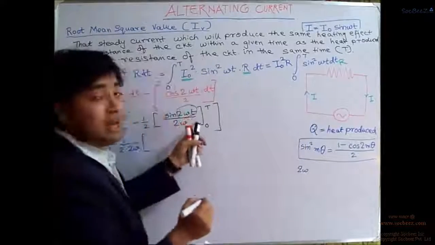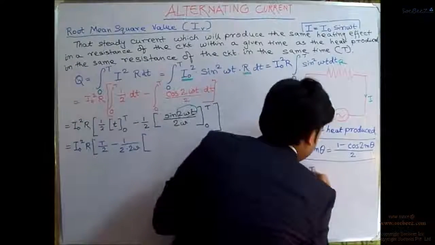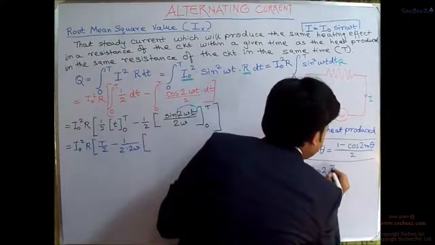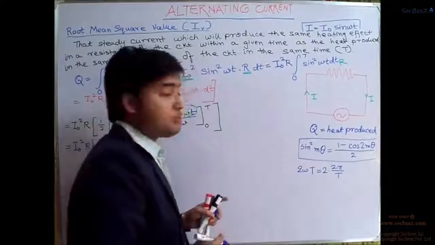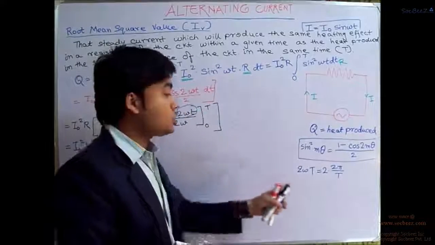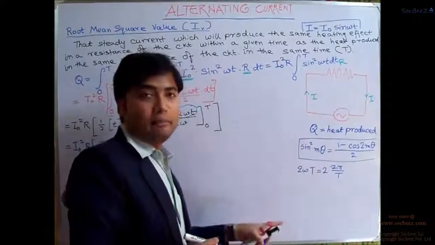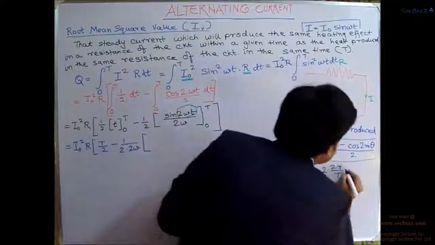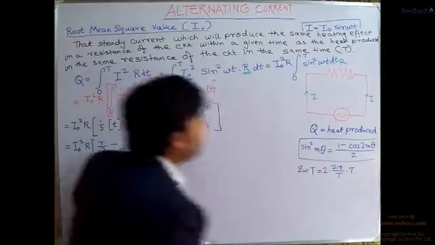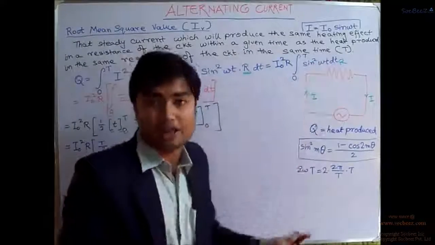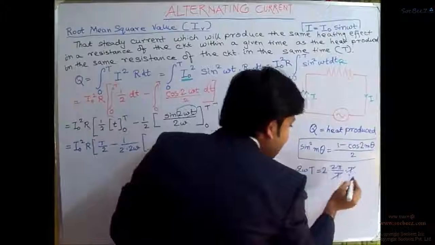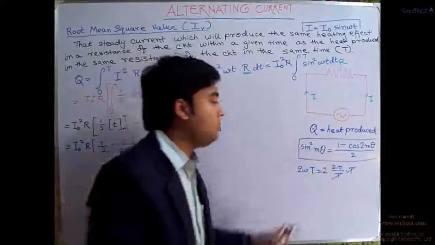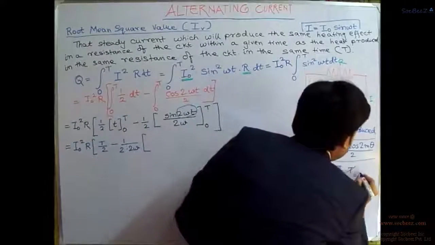When t is replaced by capital T, it is equal to 2 multiplied by 2 pi divided by T, because we know that omega is equal to 2 pi f, or 2 pi divided by the time period capital T, multiplied by this capital T. We have taken capital T as the time period, right? So this T cancels out this T.